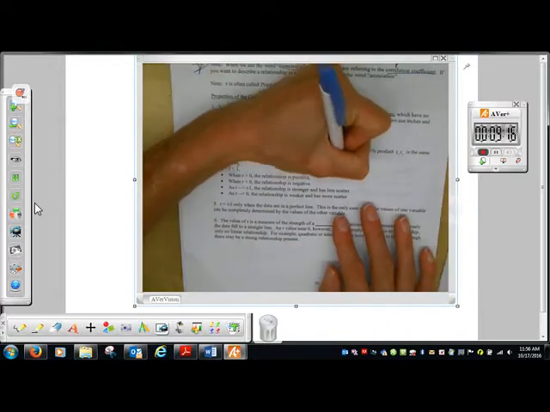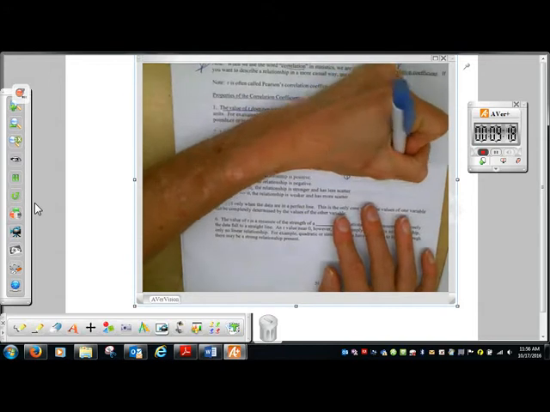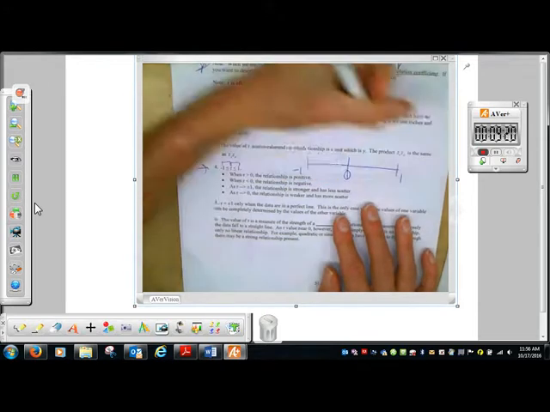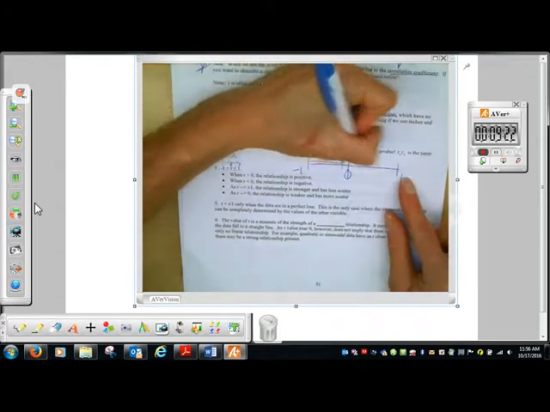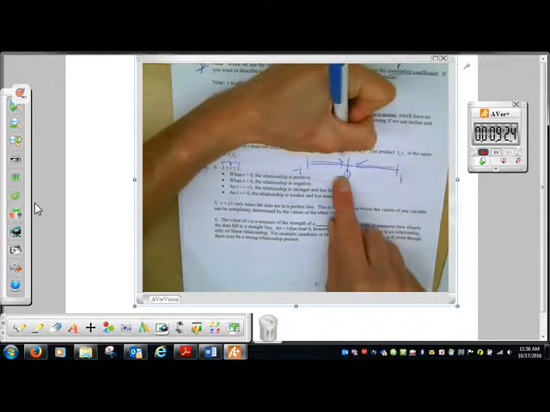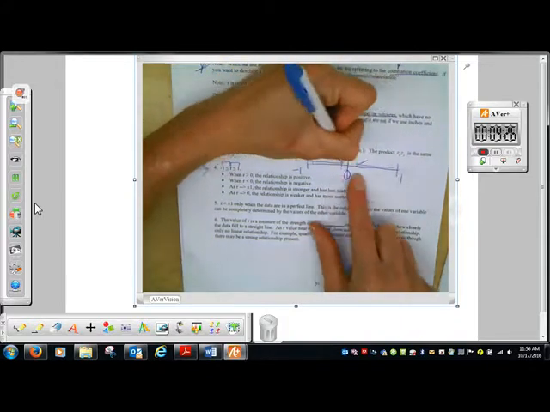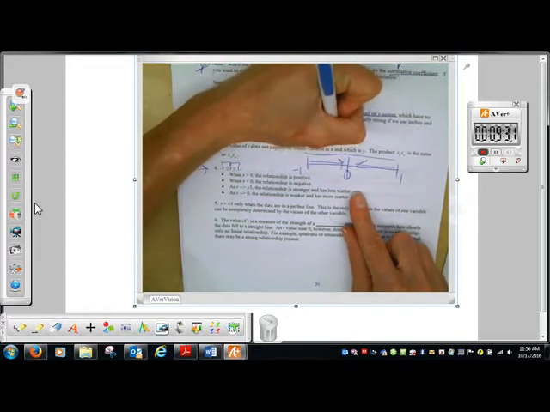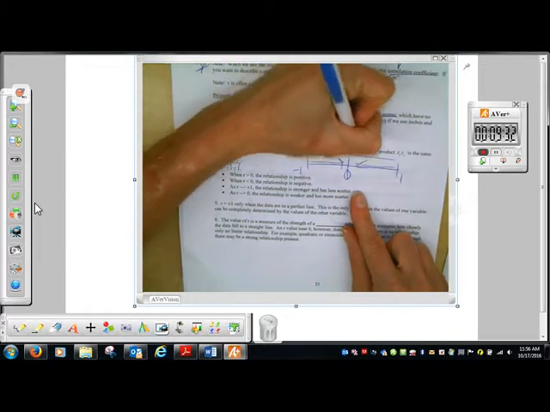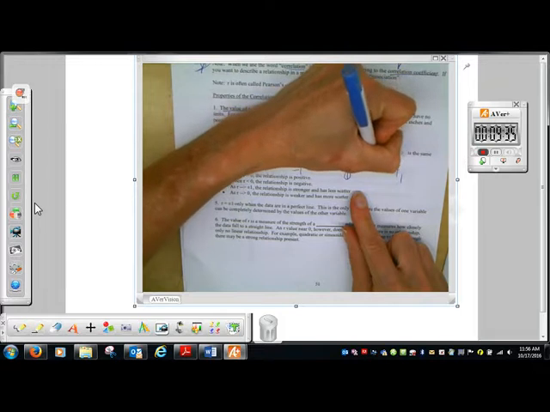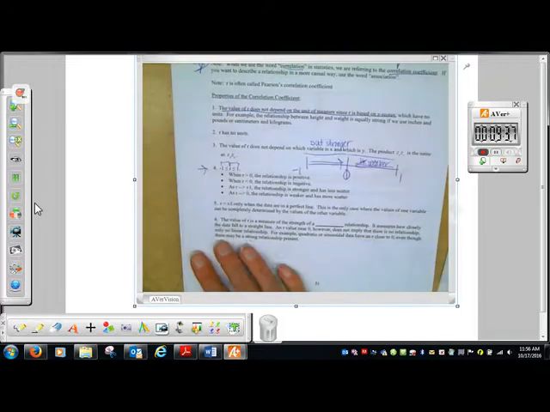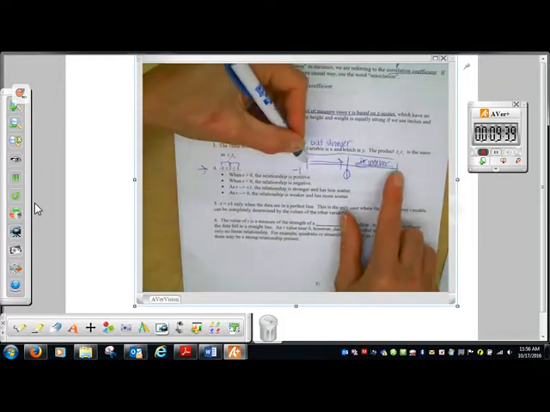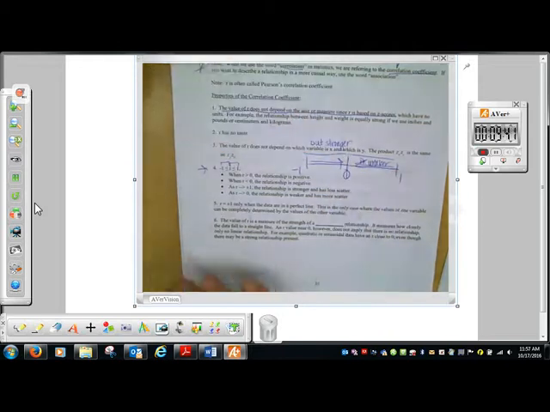So as you move on the scale from -1 to 1, moving in is getting weaker. Moving out is stronger. Out away from 0 is stronger, in is weaker.